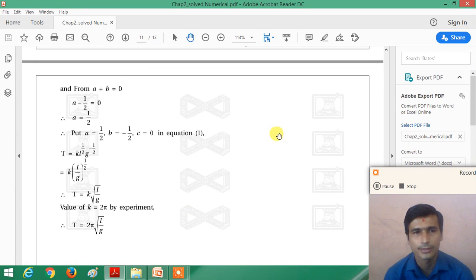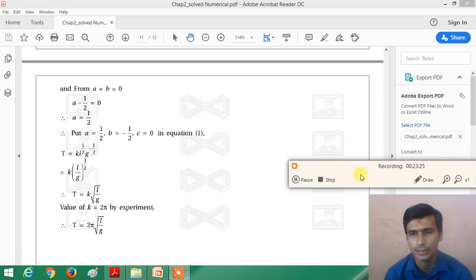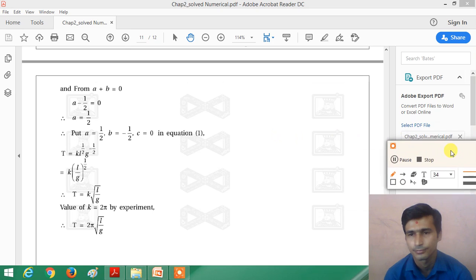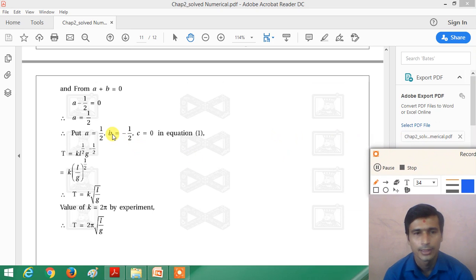Put these values in equation number one. What is equation one? T is equal to k, L raised to a, g raised to b and m raised to c.